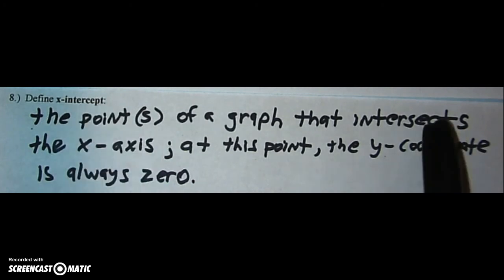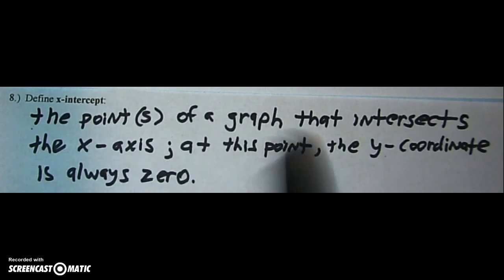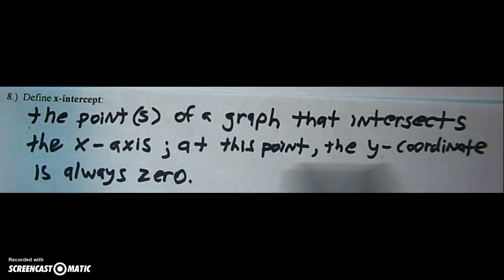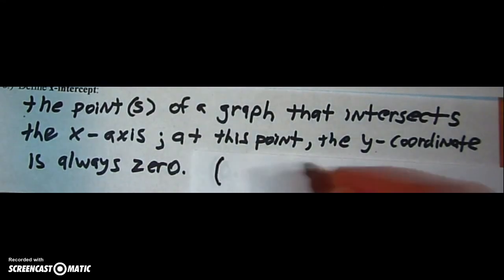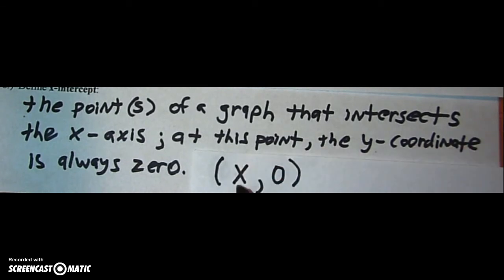It intersects, not intercepts, intersects the x-axis. And what's always true there? At this point, the y-coordinate is always 0. So y is always 0. So our y is here, and we're looking for x. So remember, x-intercept, we're looking for x, the y is 0. All right? And that's the end of this review.